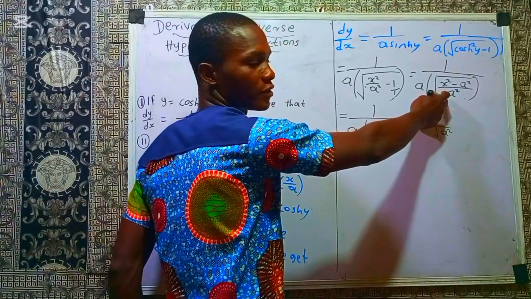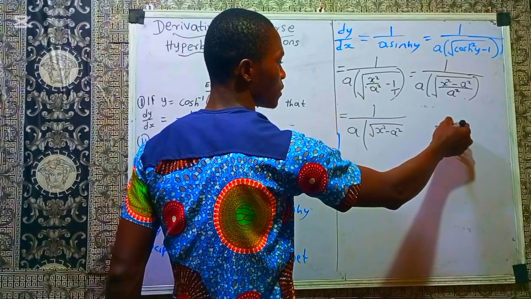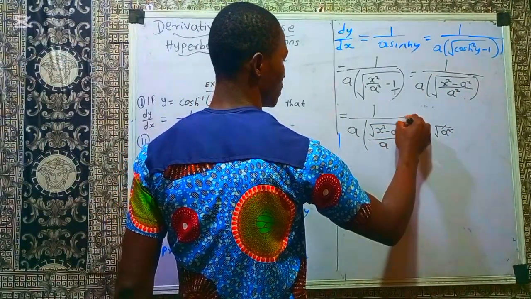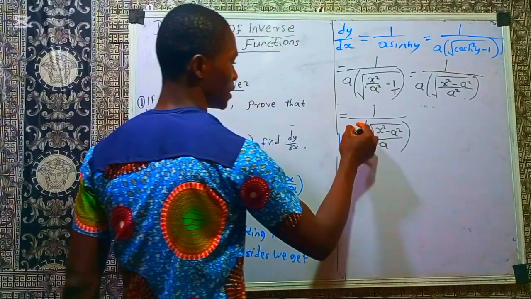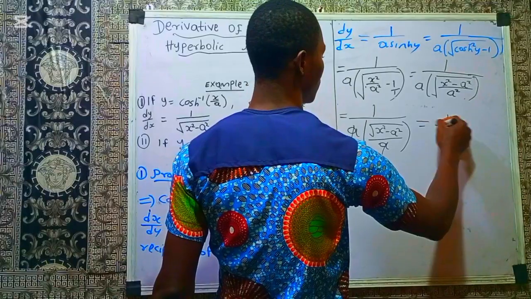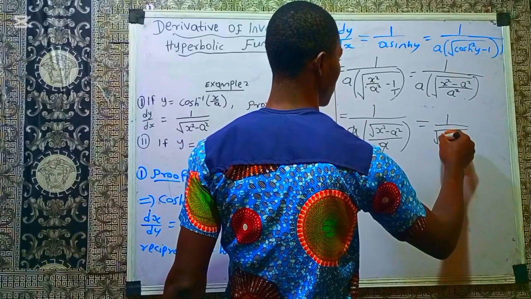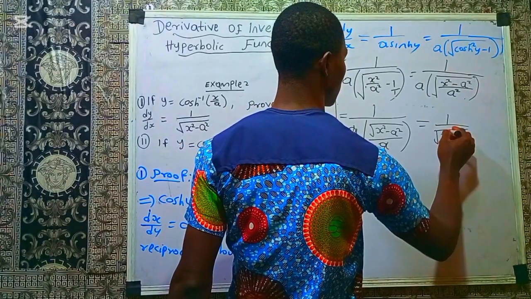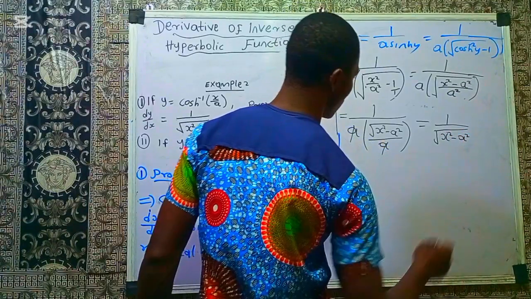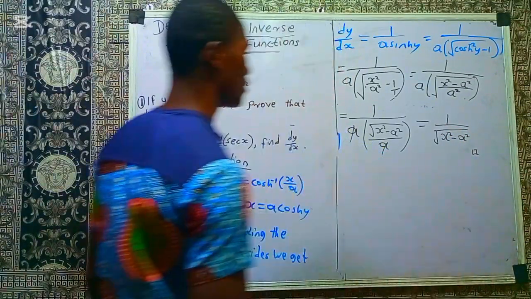The square will cancel the square root. You now have your a at the denominator. So this a here can cancel this a here, right? You now have 1 over the square root of x squared minus a squared. So that's what you now have. So this completes the proof.